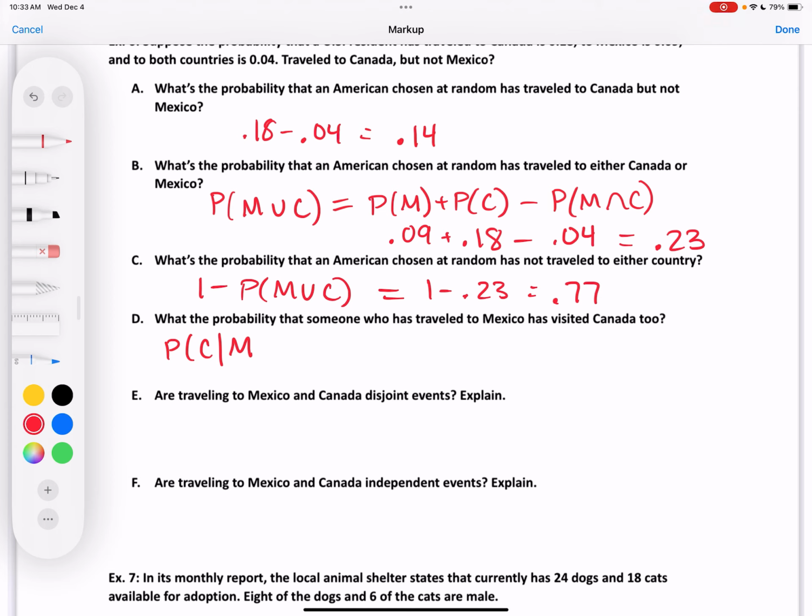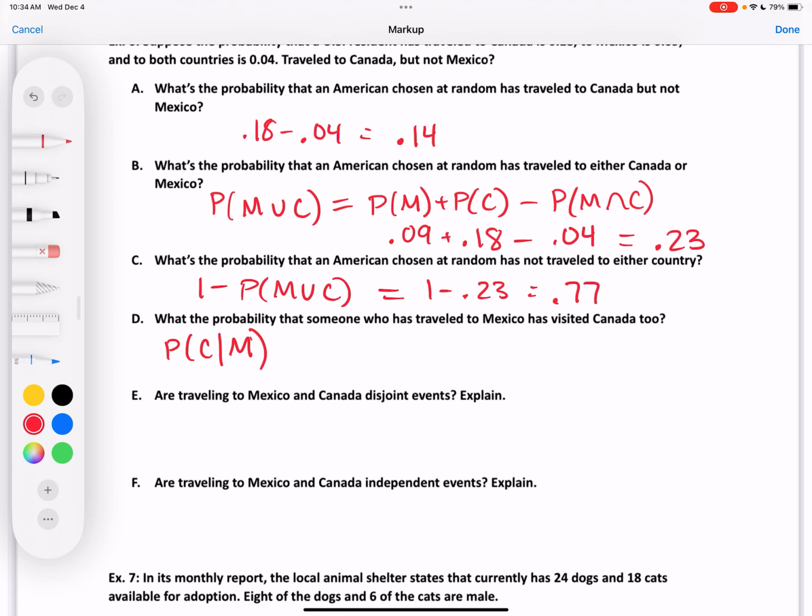Yeah, I think you wrote that right. That's the probability that they've gone to Canada, given that they've gone to Mexico. Okay, we're gonna go with it. It's what's on my paper. Yes, that does make bad sense. I know, they're not usually worded this weird. This is a weird one.